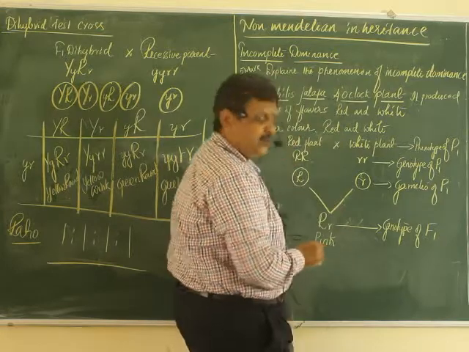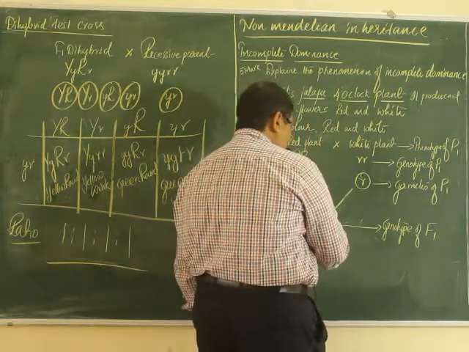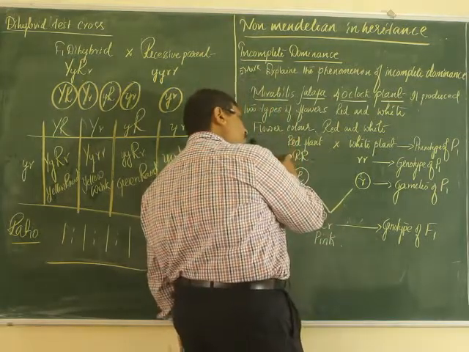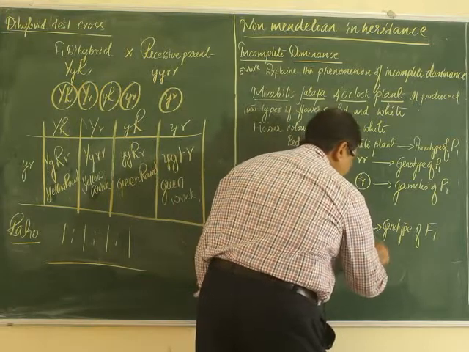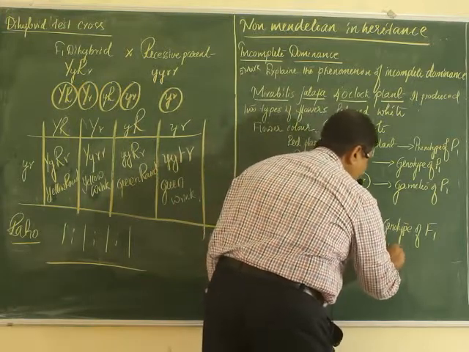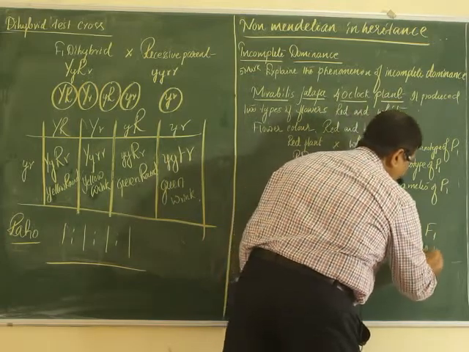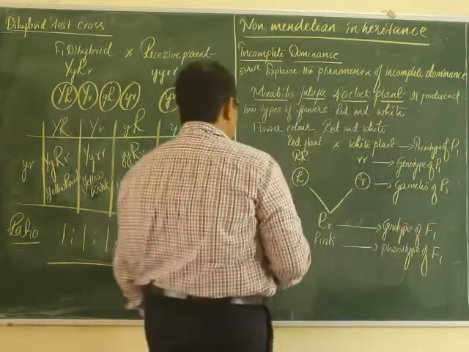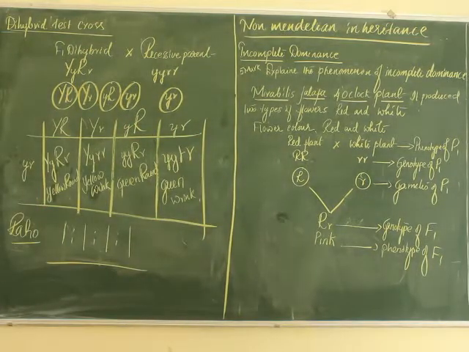They were surprised because it was neither resembling the red plant nor the white, and they named it the phenotype of F1. And what they did later, they selfed the F1.